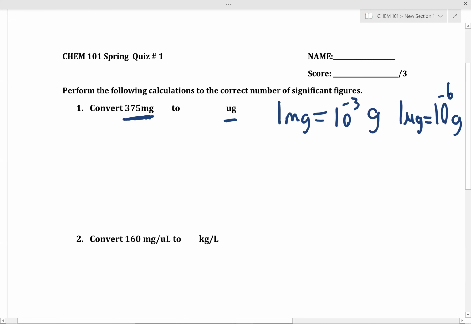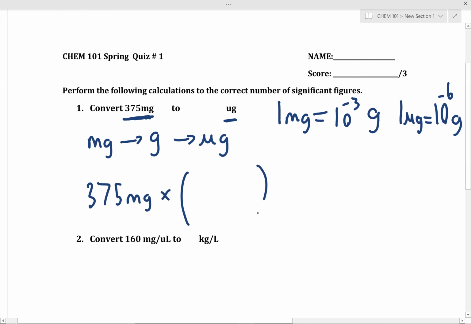Okay, so with these equalities established, looking at our desired unit conversion, our goal is to go from milligrams to micrograms. And what intermediate unit are we going to go through? Grams. Okay. So starting off, we have 375 milligrams.